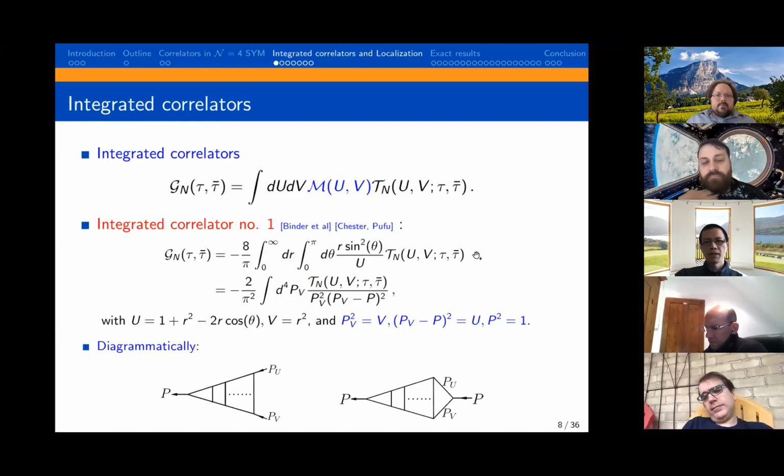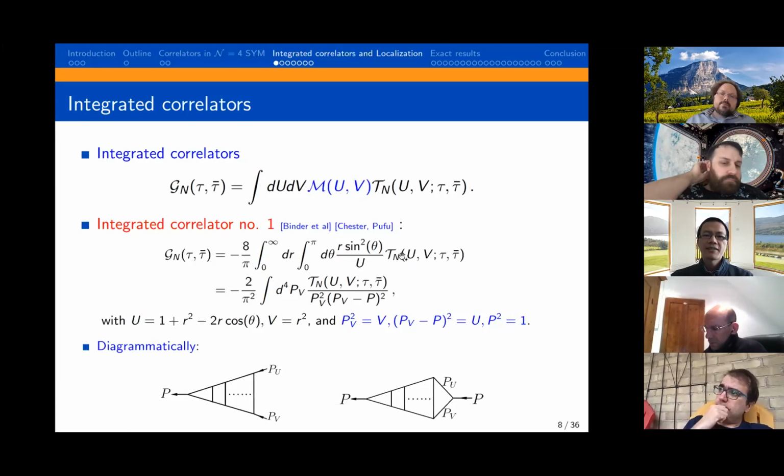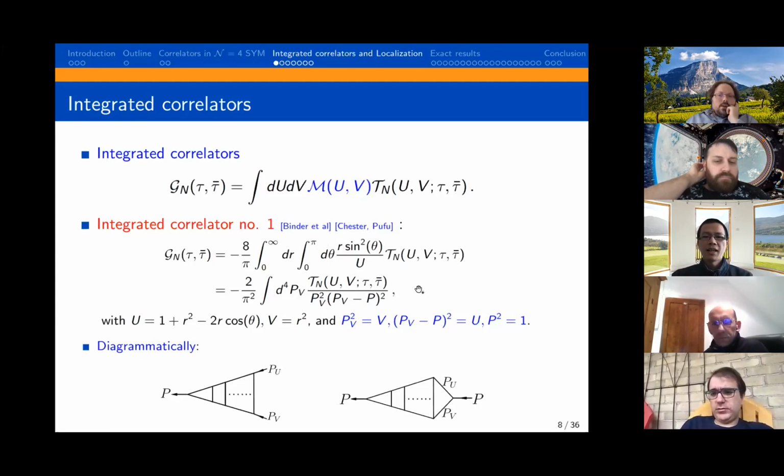If you open the original paper, again, I slightly changed it, but it's the same thing. The next slide is really a simple translation. If you start from the second line, you can easily go back to the first line. But once you write it in this way, it's so clear what this integrated correlator does for you.